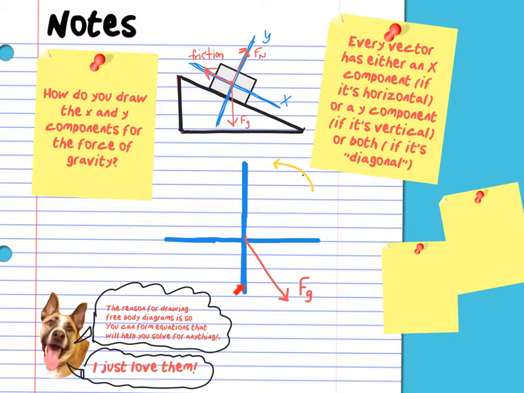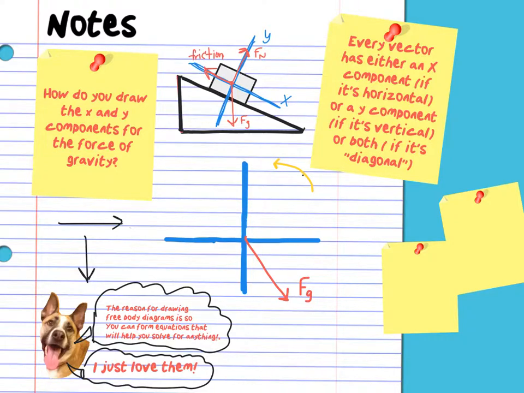All right, well, you might remember that every single vector can be broken up into x and y components. In the simplest case, if you were to have a vector in the x direction, then that is the x component. It does not have a y component. If you had a vector that was completely vertical, it would be all y component.